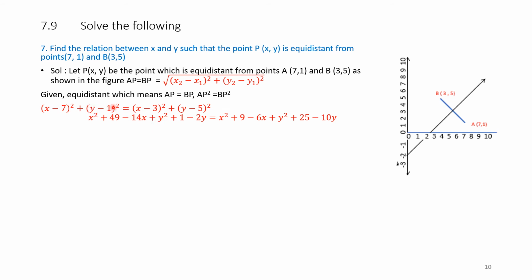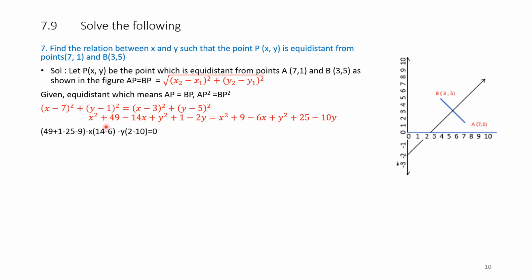This y minus 1 whole square we have to expand using the formula: y square plus 1 minus 2y. Similarly, on the right hand side, we have to find x minus 3 whole square. This is x square plus 9 minus 6x plus y square plus 25, that is here 5 square 25, minus 10y.